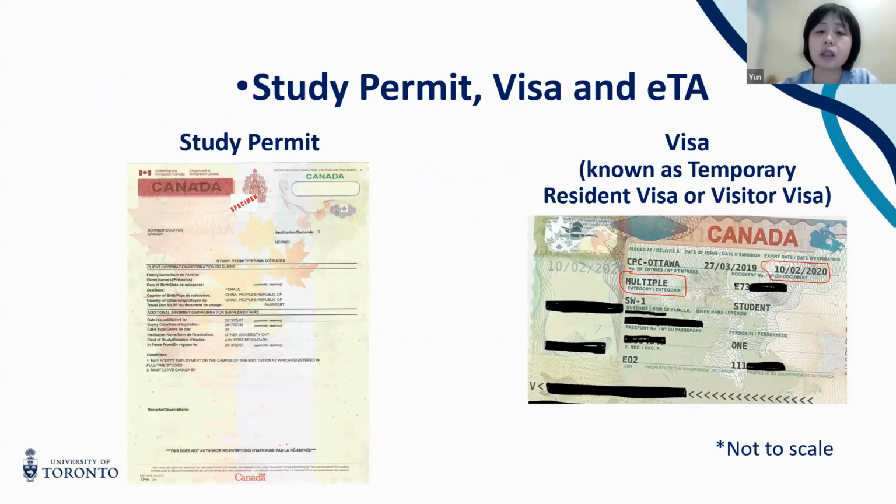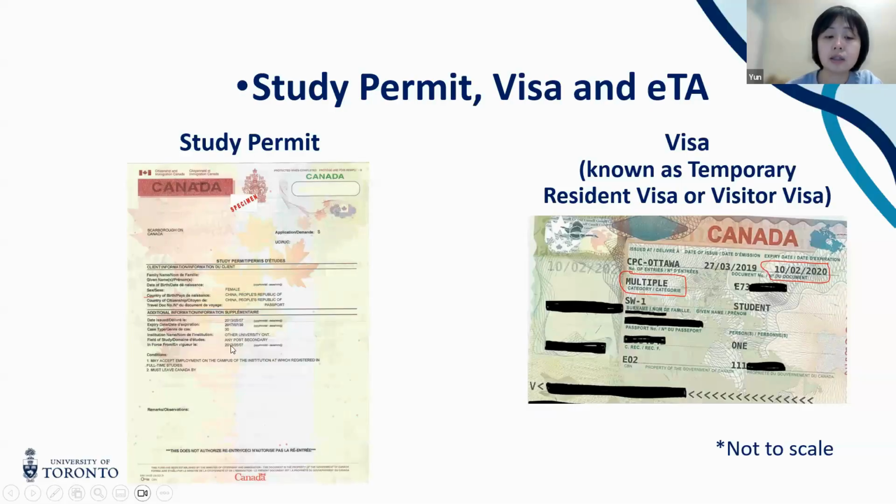Okay. So firstly, study permit, visa and ETA. Now here on the screen, you see two images. The image on the left is a study permit. It's an A4 size paper, and at the top you will see "study permit." When you see that, that's your study permit. The first section lists your personal information, like your country of citizenship and your full name.